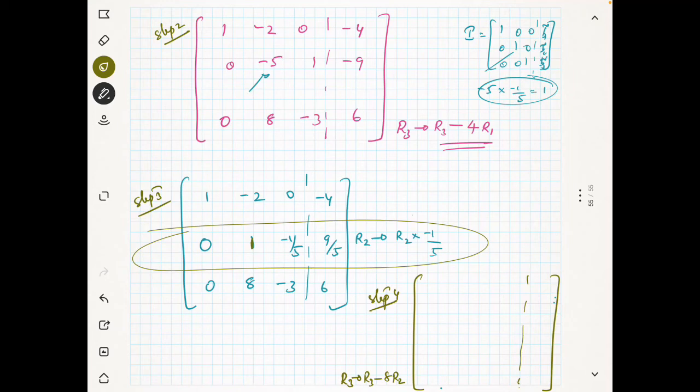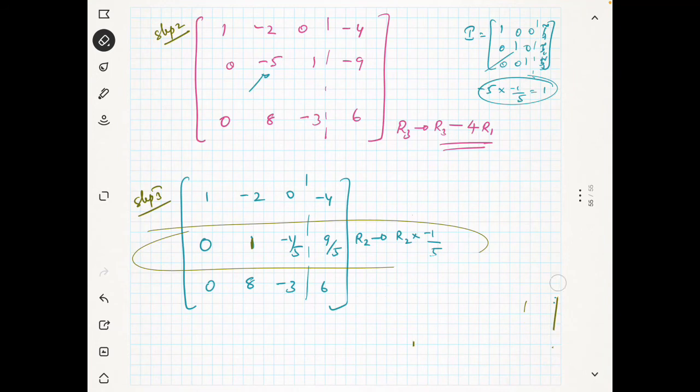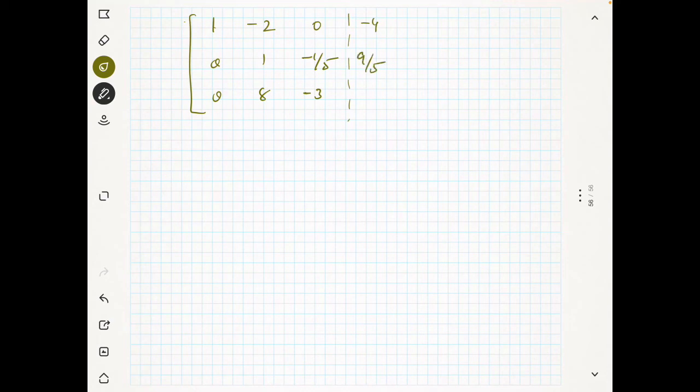It's better I will use the next page, so I will write it again there. 1, minus 2, 0, 0, 1, minus 1 by 5, 0, 8, minus 3, minus 4, 9 by 5, and 6. This was my augmented matrix.